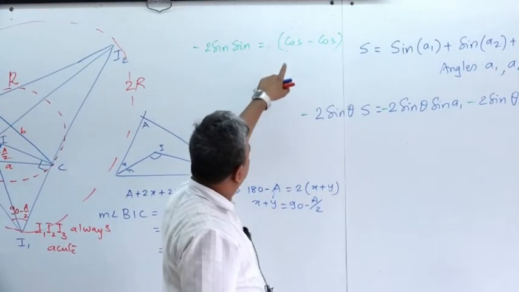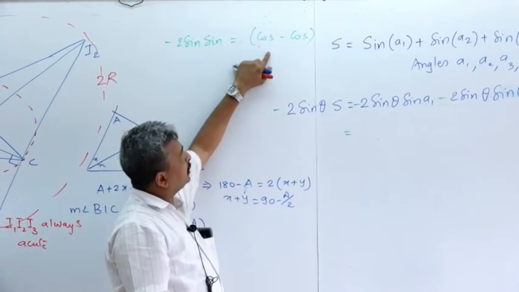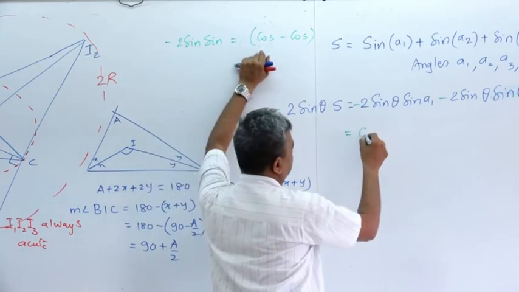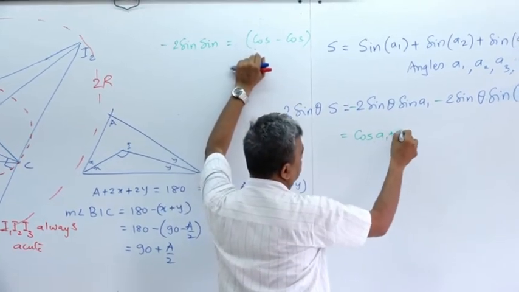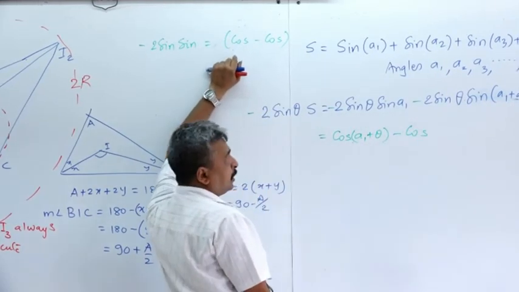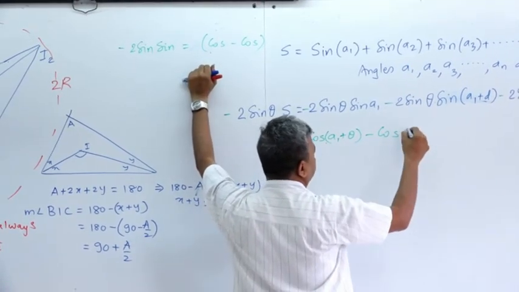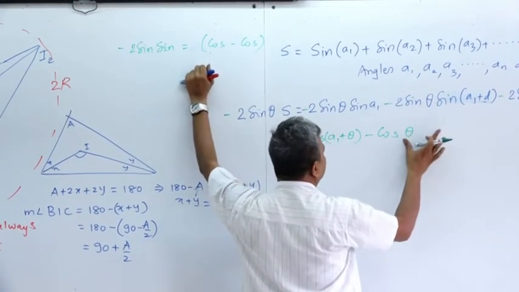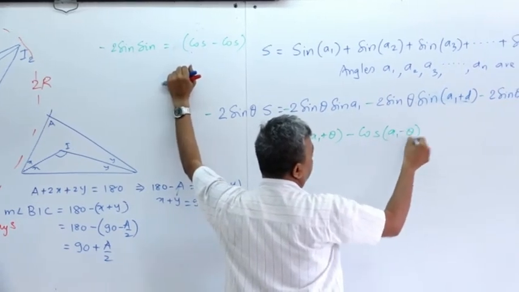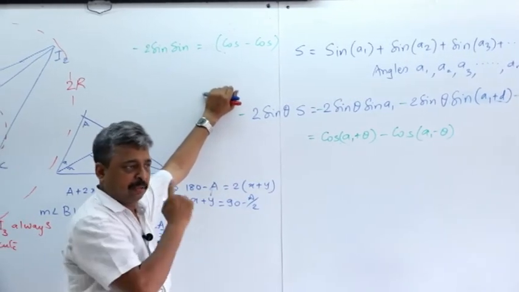And now, can you tell me what I will get here? Cos (A1 plus theta) minus cos (theta minus A1), or A1 minus theta, both are acceptable, because cos of the opposite of theta is cos theta.